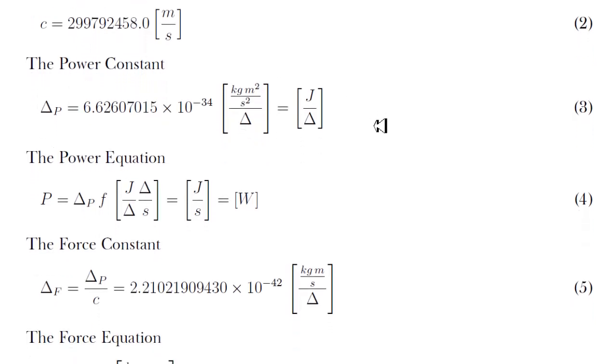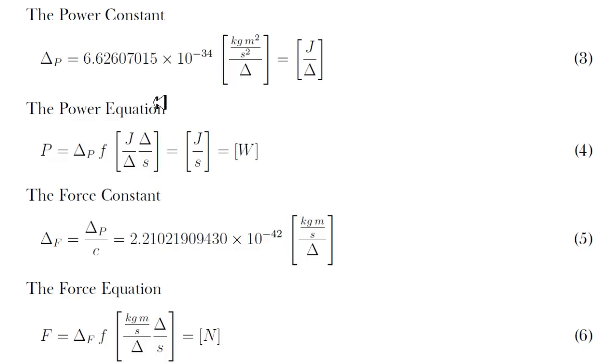Then we have a power equation, which is power is equal to the cycle of power times the frequency term. The cycle of power has units joule per cycle. Frequency has units cycle per second. The cycle terms cancel, and we end up with the units of joules per second, or the watt.